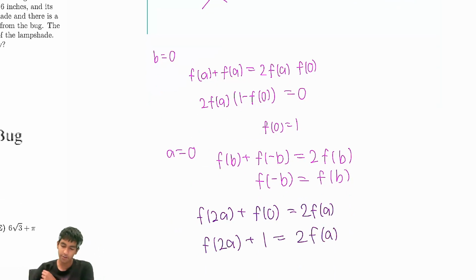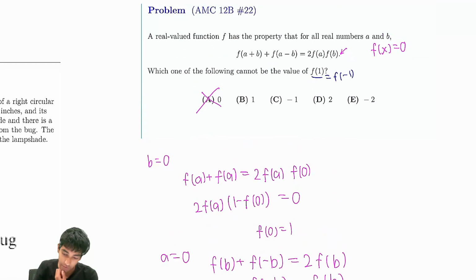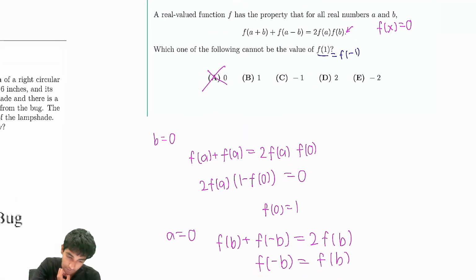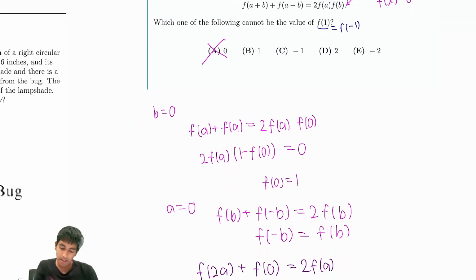This is actually quite interesting. It gives us f of 2a in terms of f of a, but we were actually missing a term here. This is squared here.